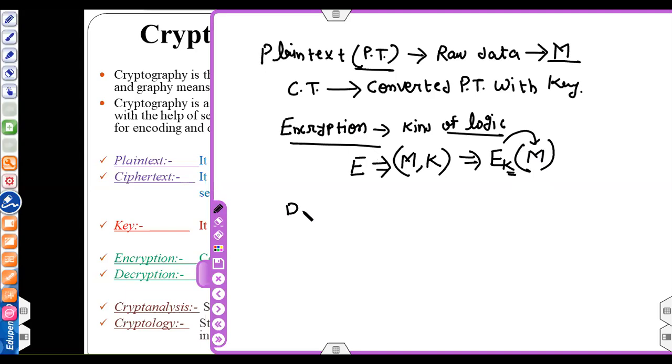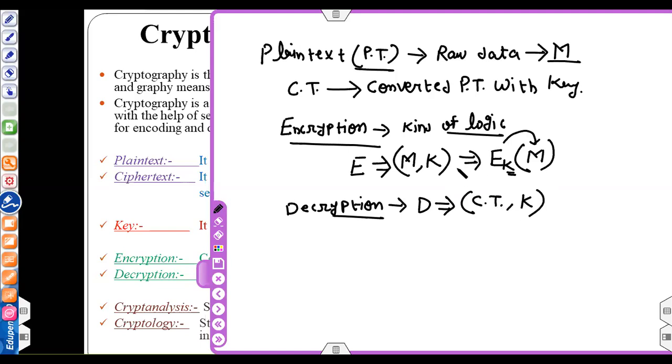The similar thing we may talk about for decryption. As I told you, it is nothing but the reverse logic of encryption. If we use the letter D for decryption, then it will apply on the ciphertext, whatever encrypted version we have here. So I am simply writing the ciphertext and the key.